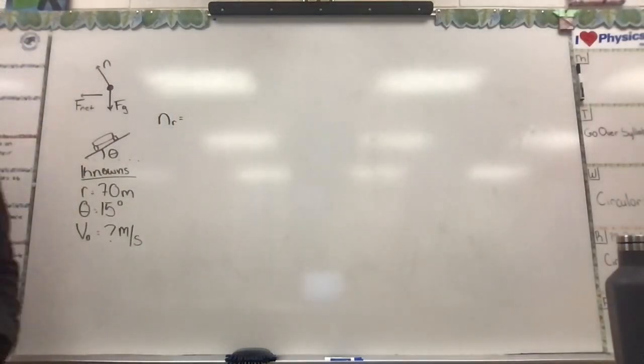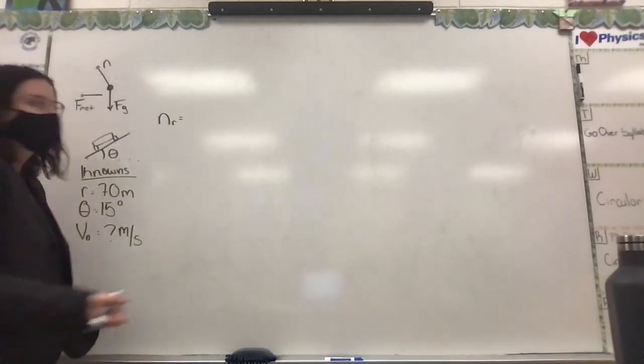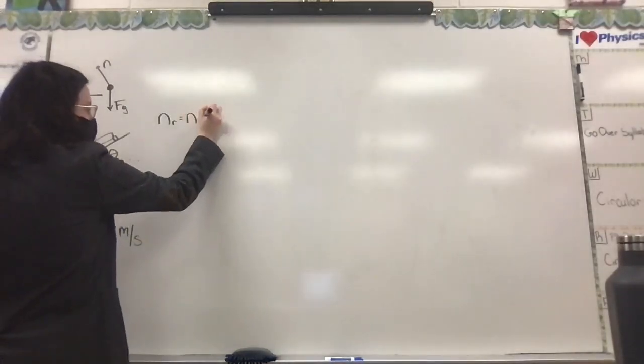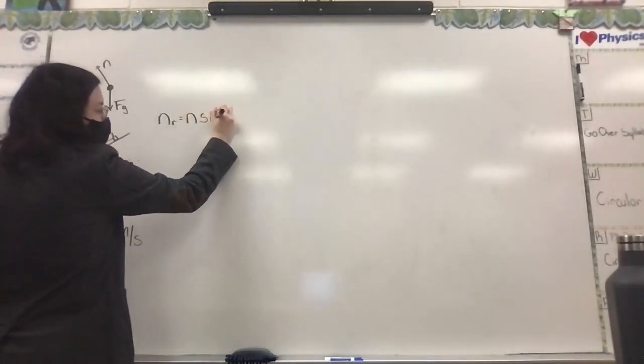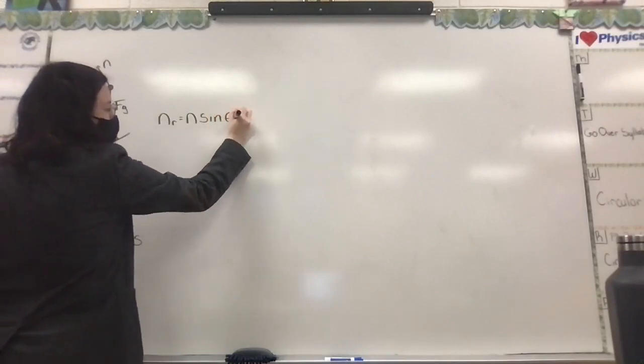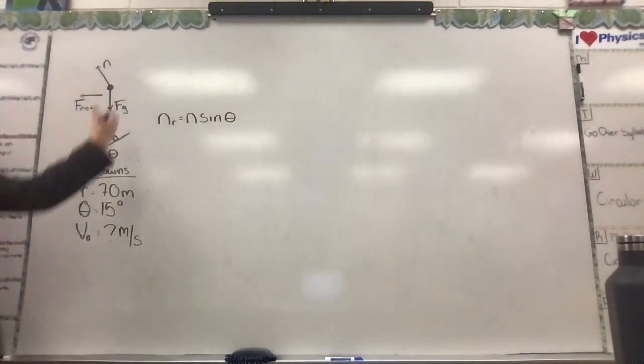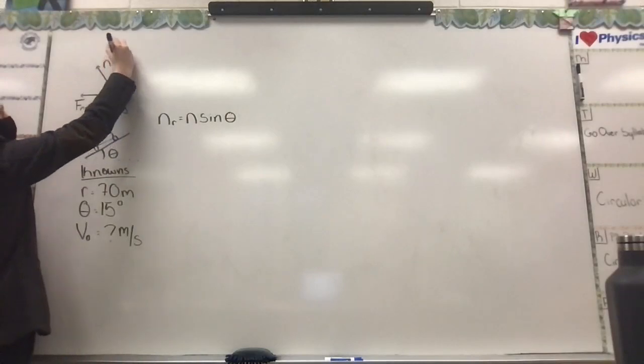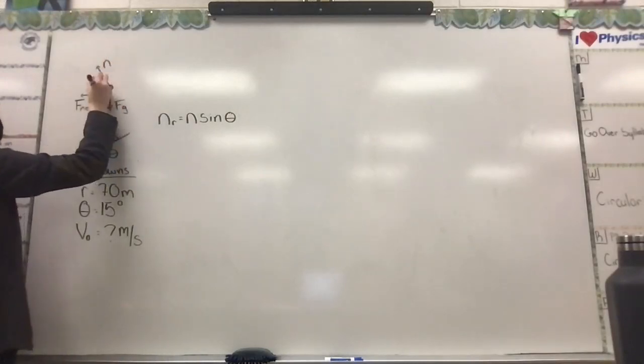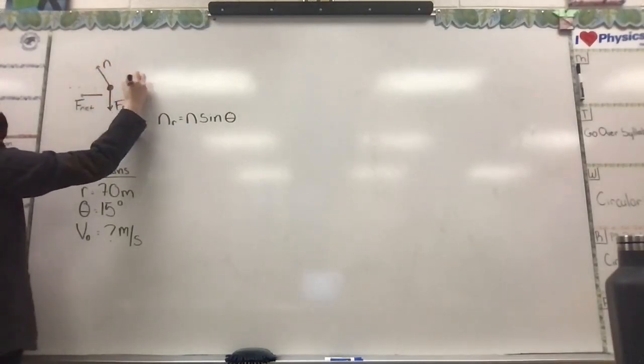Is it going to be N sine theta? Is it going to be N cosine theta? What do you think? Oh, it's going to be the X. Why is it sine? Because what? Yeah. So this is our X, and this is our Z, and this would be our R.